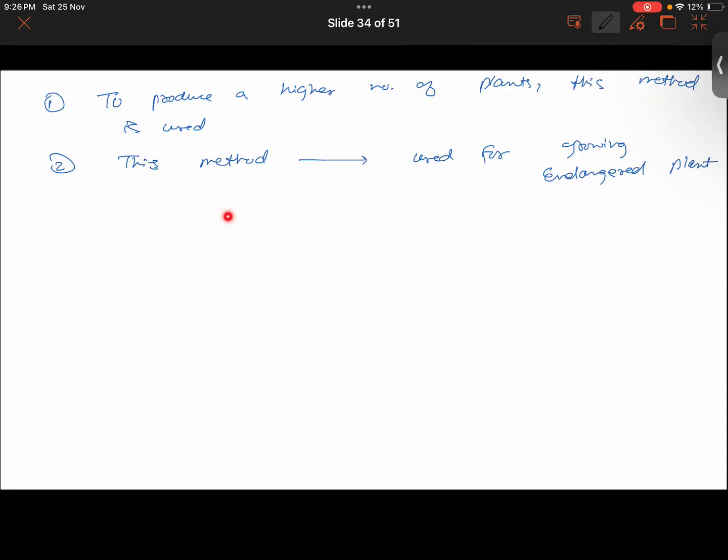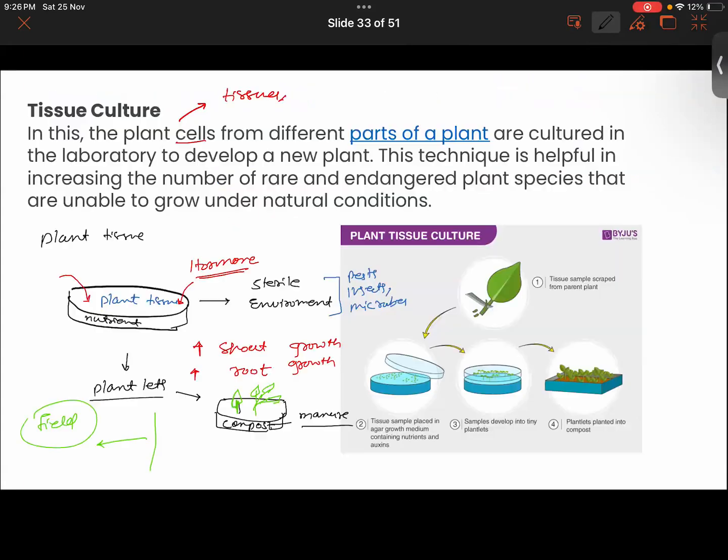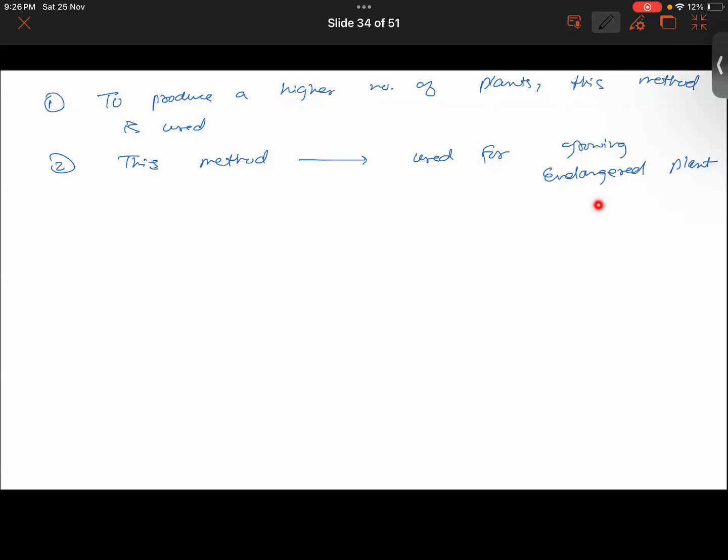Why will we use this method for endangered plants? Because I am providing a sterile environment that is safe from different types of contamination. So I ensure that the plant grows in a contamination free environment, and I will have a higher number of plants.